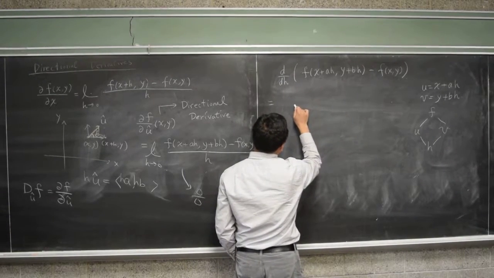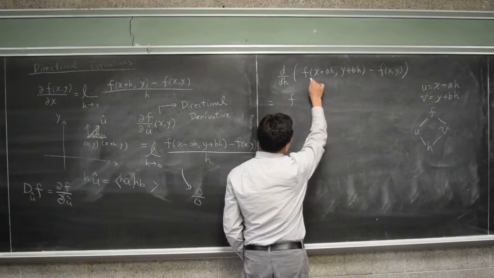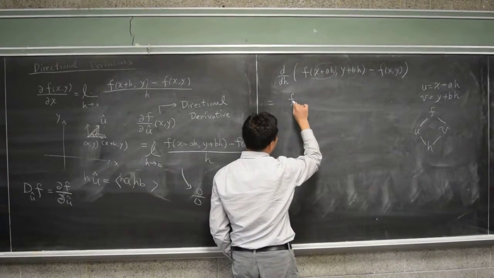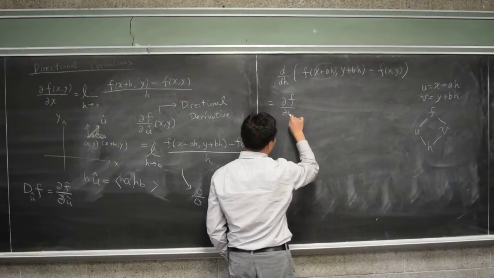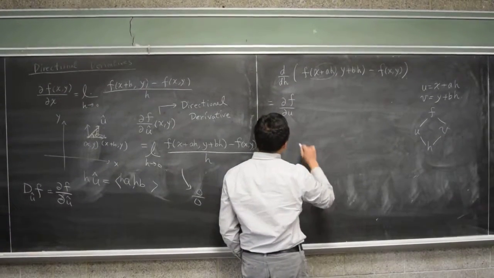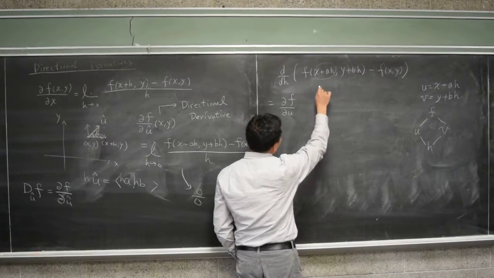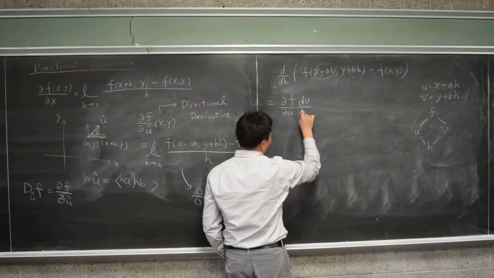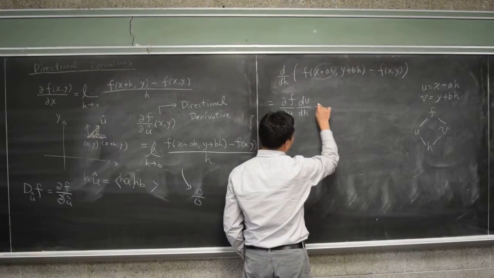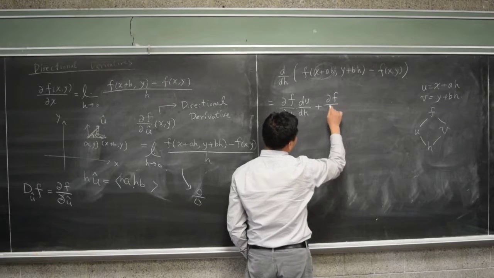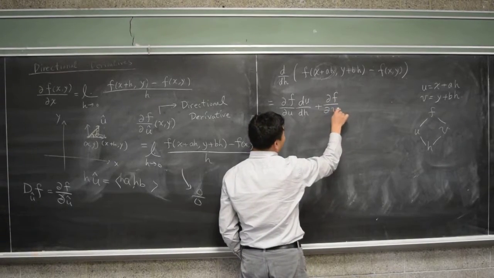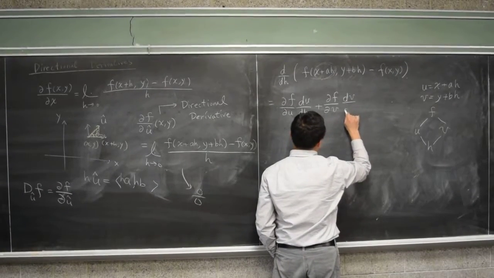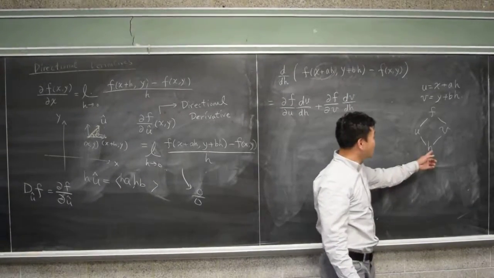You first differentiate f with respect to the first component, so f differentiated with respect to u times the derivative of u with respect to h, plus f differentiated with respect to the second component v times dv dh. That's what I said, right?